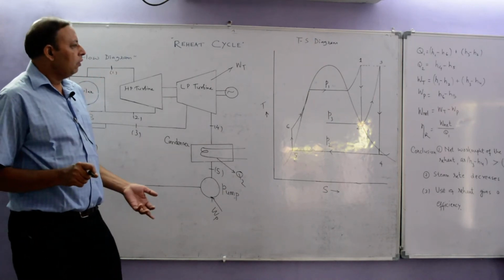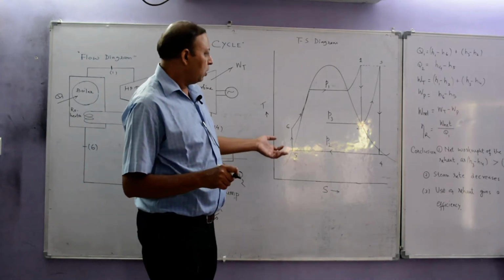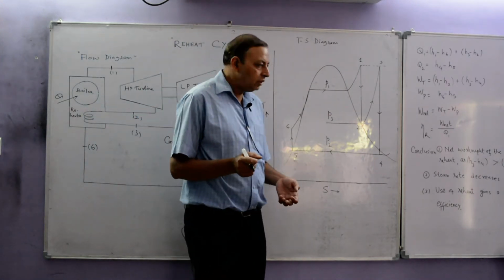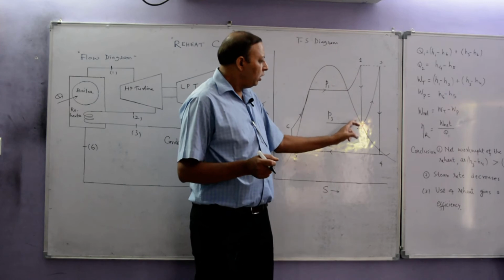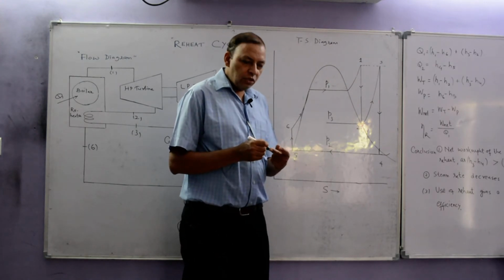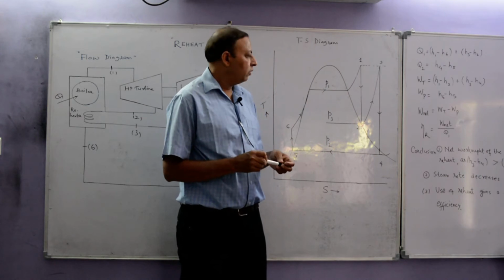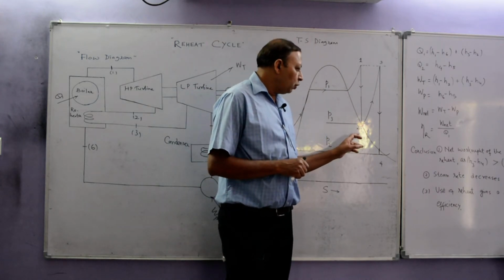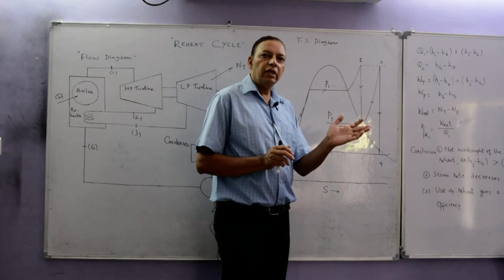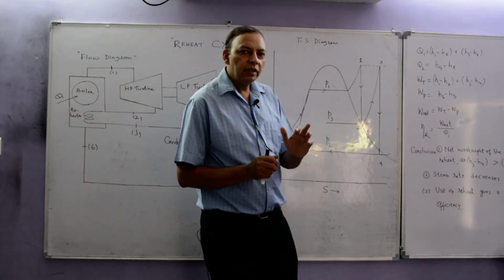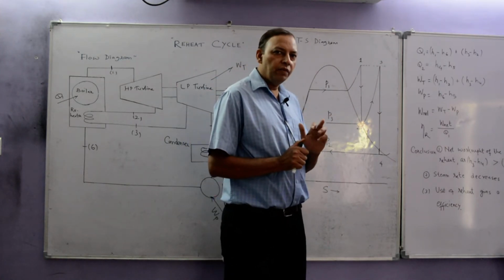Now come to the temperature entropy diagram again. We can revise it: 1-2 is the expansion of steam in the high pressure turbine. Point number 2 to 3, the steam is reheated to the initial temperature, that is T1.